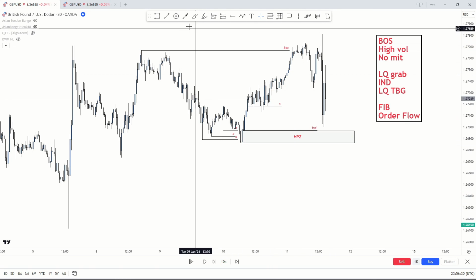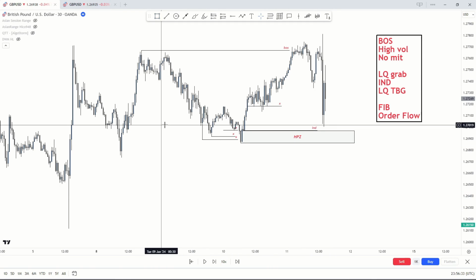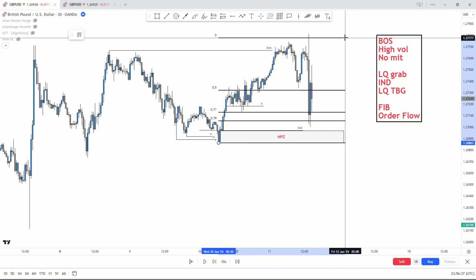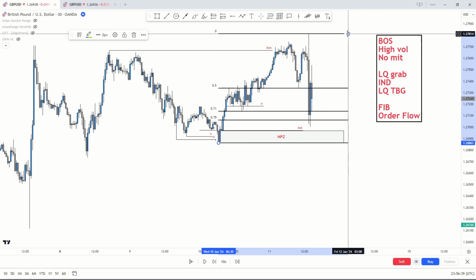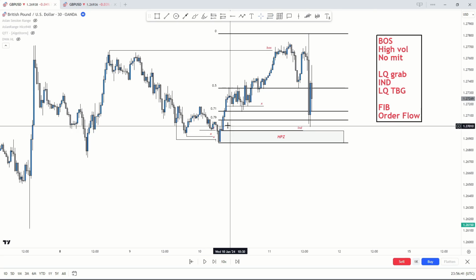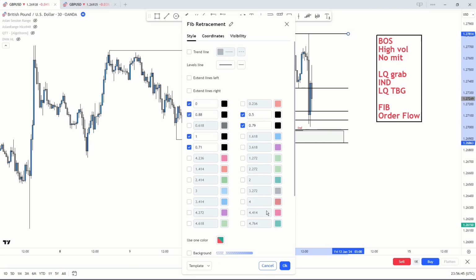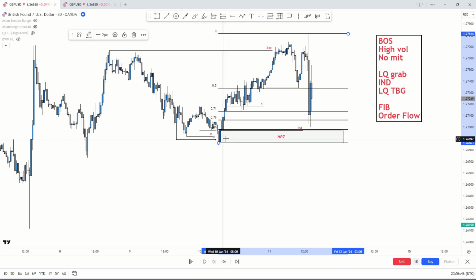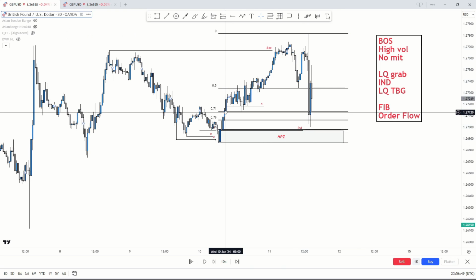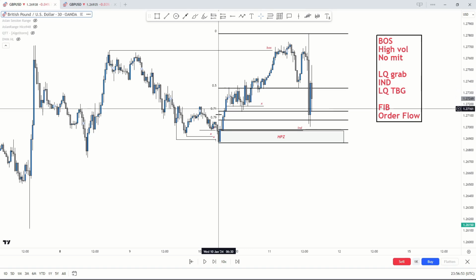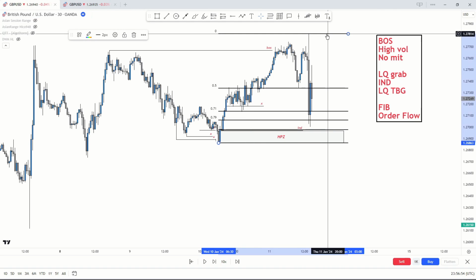As we can see here, if we think about the Fibonacci, price is definitely within our discounted levels. And if I was to add something like the 88, we can see that price lines up with our 88 line, ignoring all of these other 71 levels. Regardless, we are below the 0.5 level and we are in our discounted levels.